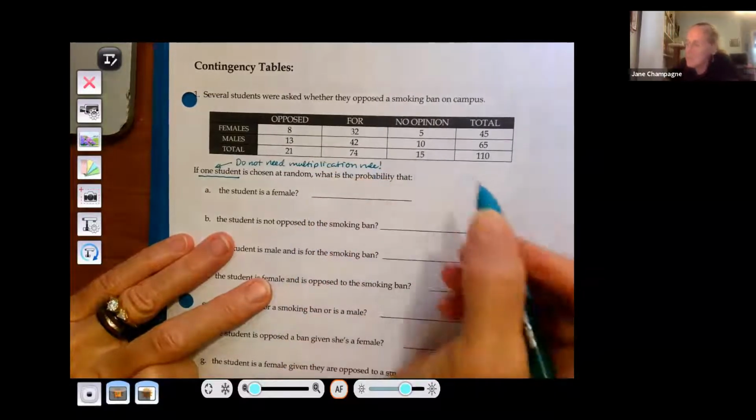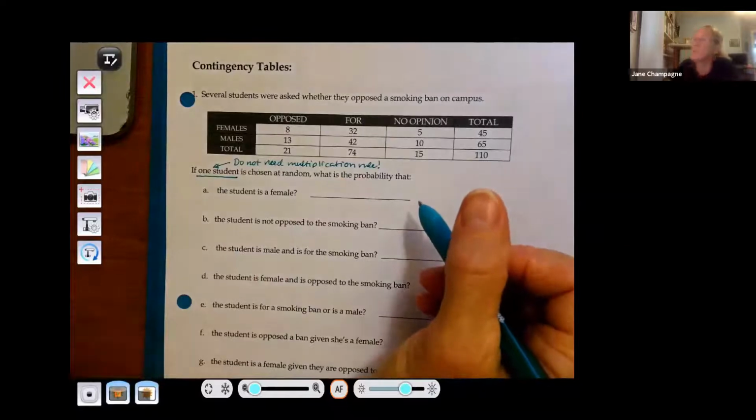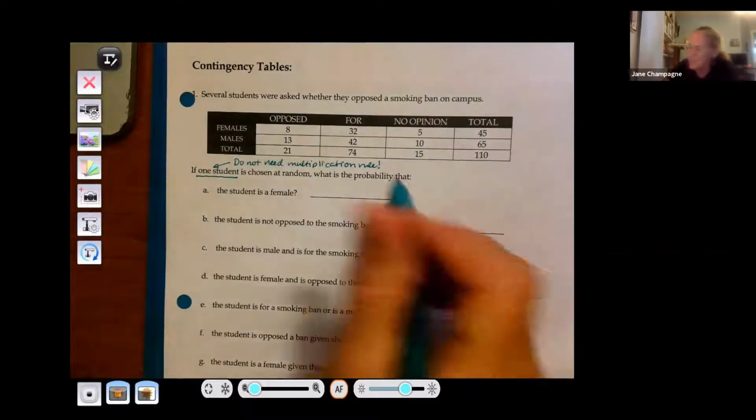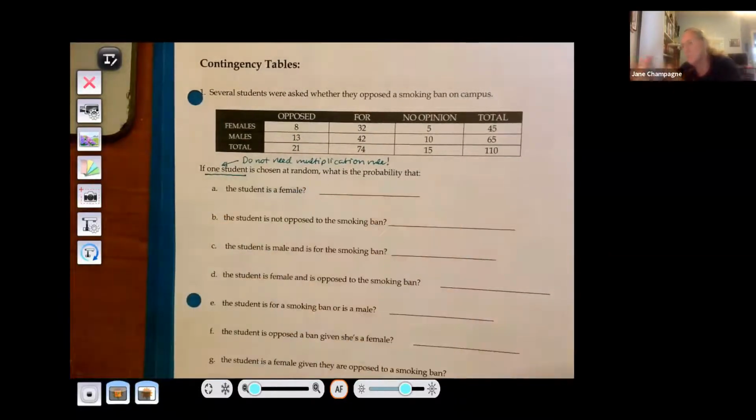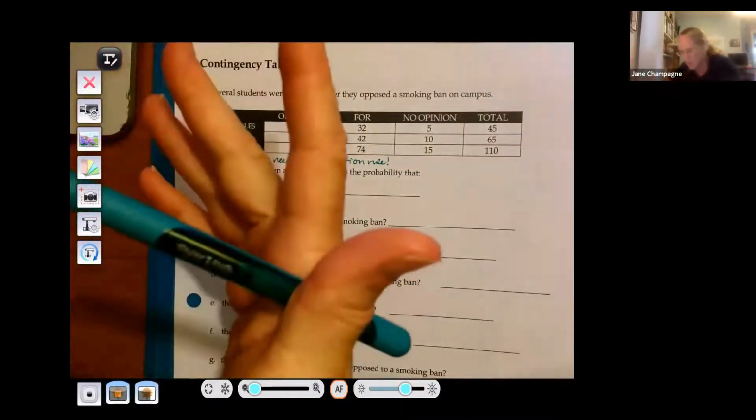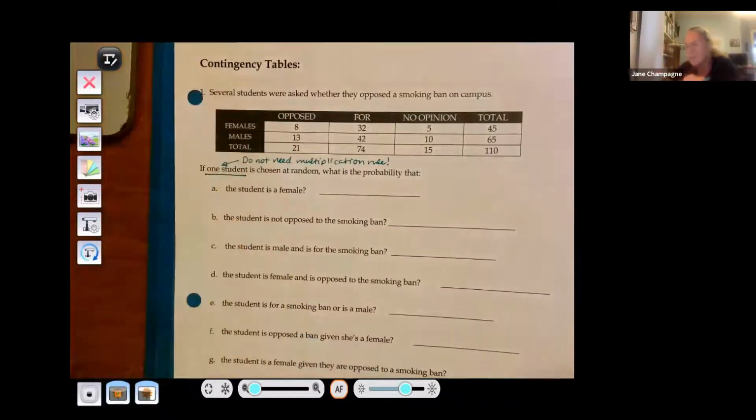The multiplication rule is for when you're choosing two or more. So that's just something to notice when they tell you how many are chosen. One is chosen, it's going to be either the addition rule or just definition of probability. You don't need the multiplication rule unless you have two or more. Okay, so you're going to want to distinguish between those.